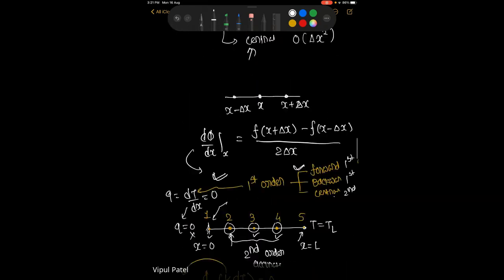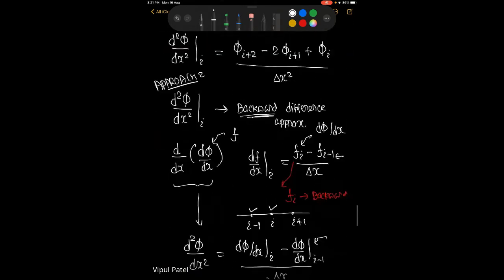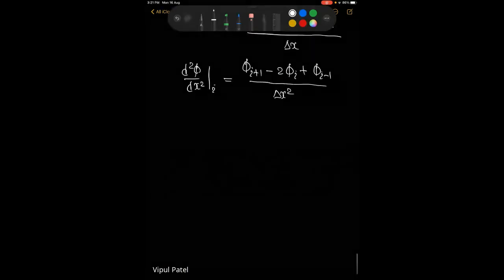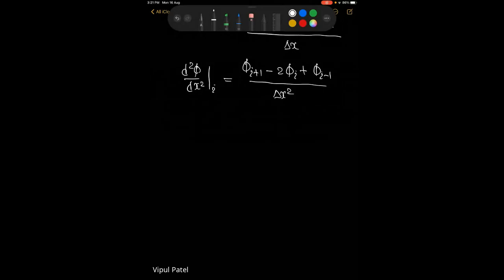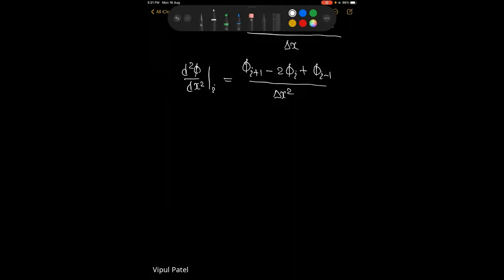If you add these two equations, you get the formulation, and here also you are getting a similar formulation: phi i plus 1 minus 2 phi i plus phi i minus 1 divided by delta x square. While deriving this expression, you have combined backward and forward approximation, and because of that you are getting contribution from i plus 1 as well as i minus 1.